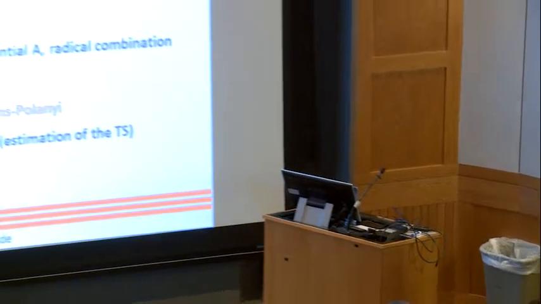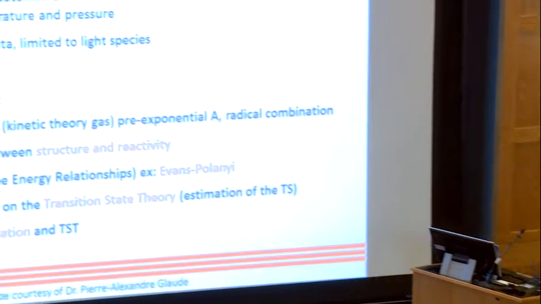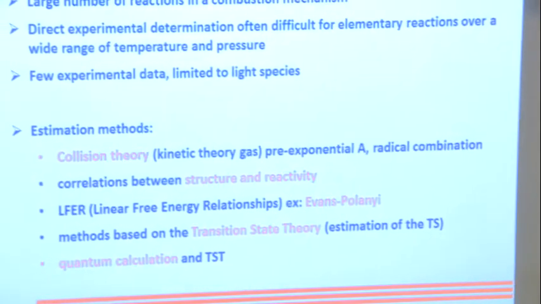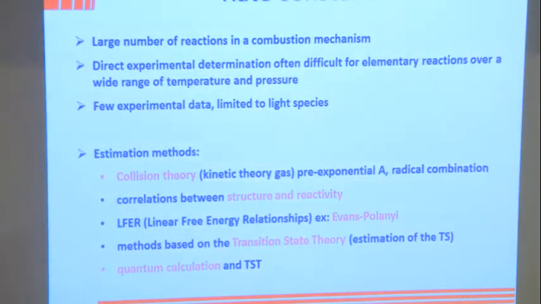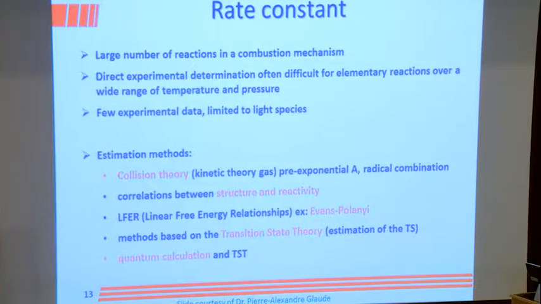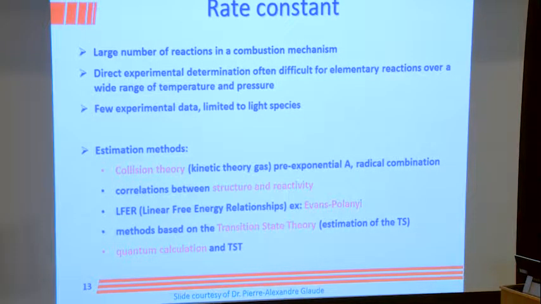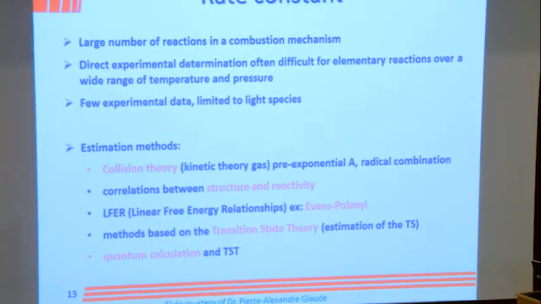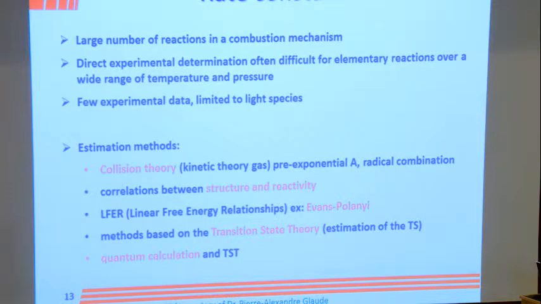So there are a large number of reactions in combustion mechanisms, and often direct experimental determination is difficult over a wide range of temperature and pressure. There are few experimental data, and they're limited to light species. It's just saying what I said again. So we have estimation methods, we have collision theory, as I showed you yesterday.